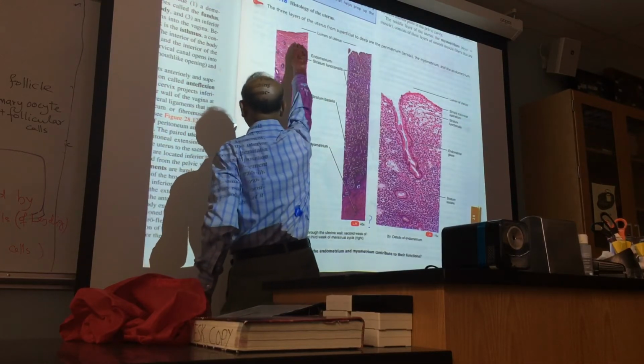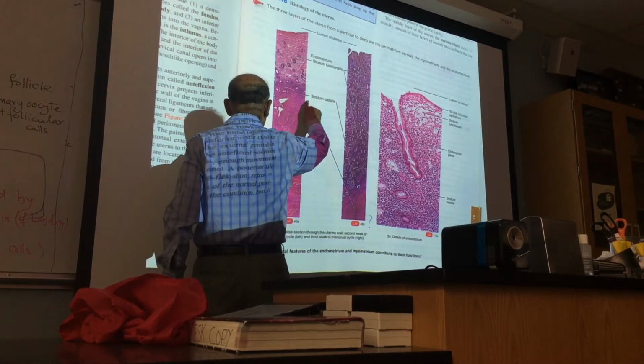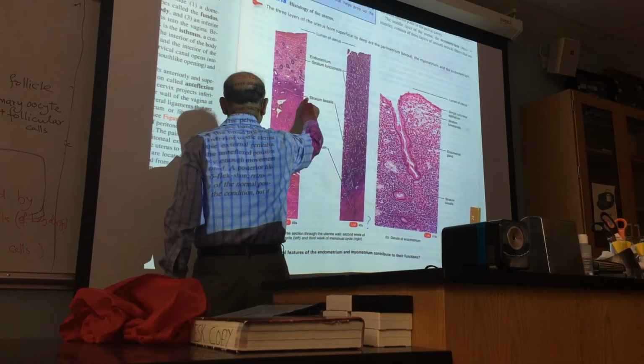The layer that is the free surface is called stratum functionalis, and then stratum basalis.